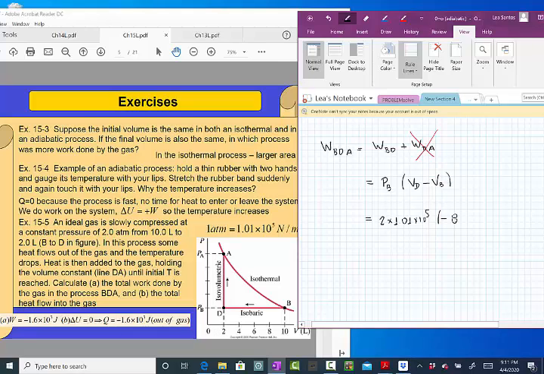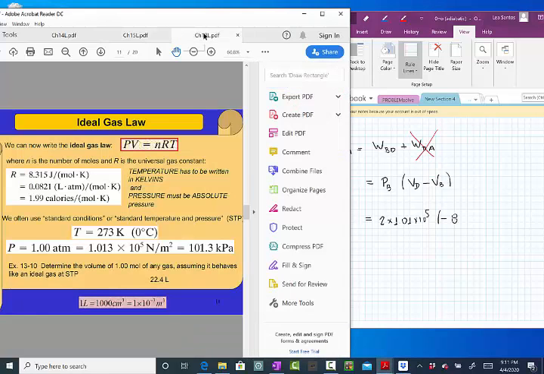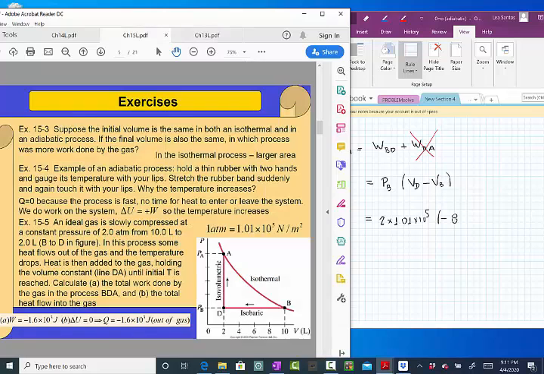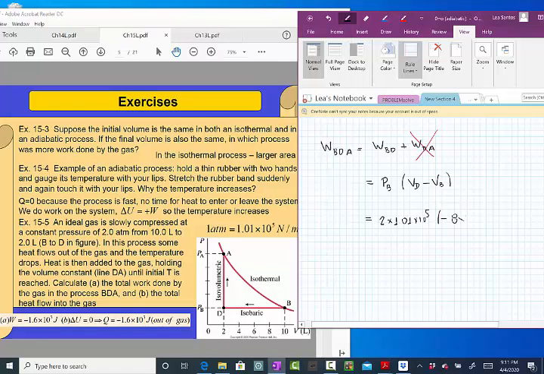But now we have to be careful, because since we want to give the information in joules, we are not going to use liters. We want to change that and use cubic meters. If you go back to chapter 13, we talked about this conversion. 1 liter is 10 to the minus 3 cubic meters, so we have to multiply this by 10 to the minus 3 cubic meters.